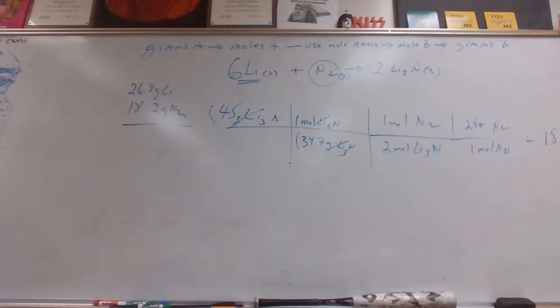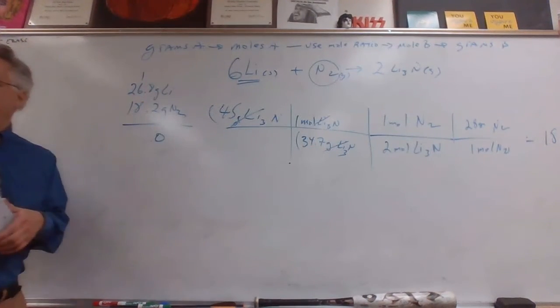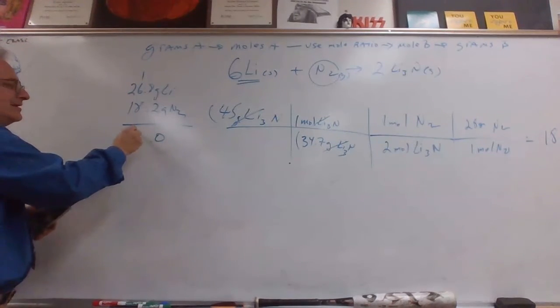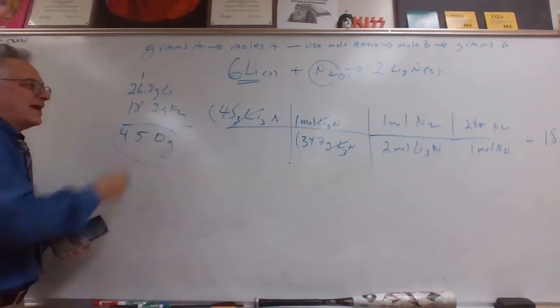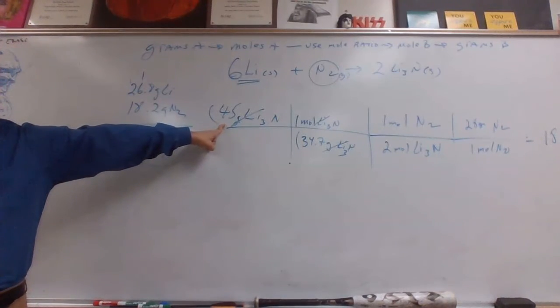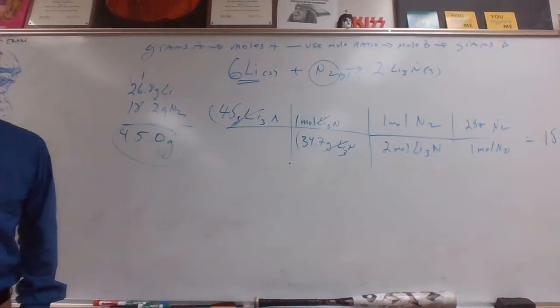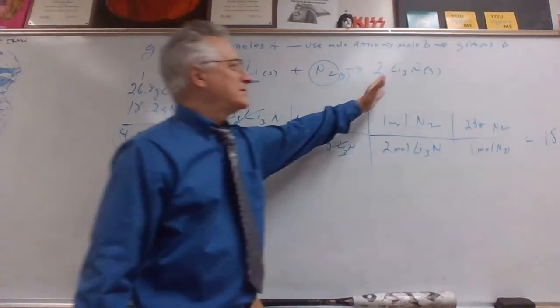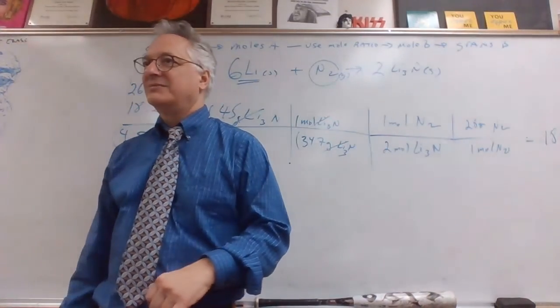Just add them up. 45 grams. Coincidence? Nope. Law of conservation of mass. If I want to make 45 grams of that, well then the reactants have to add up to 45 grams.